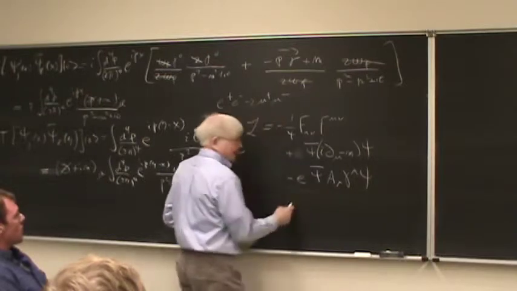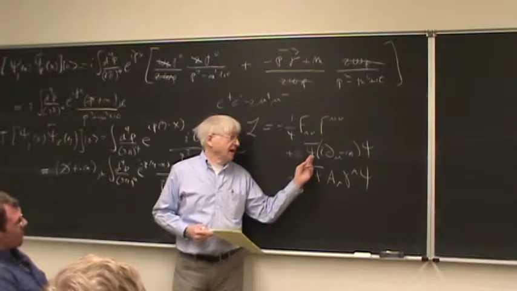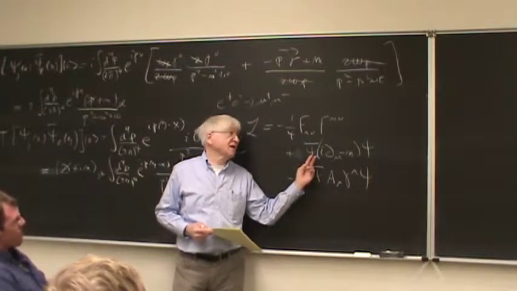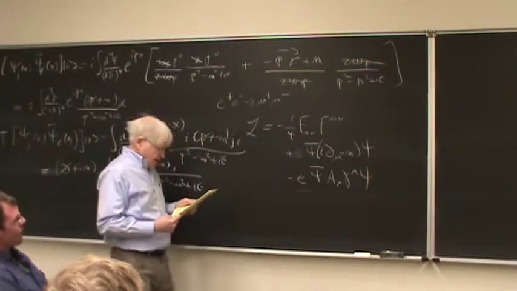So this is the interaction Lagrangian, this last bit here, and this is just the free action for the spin 1/2 particles, free action for the spin 0 photons.